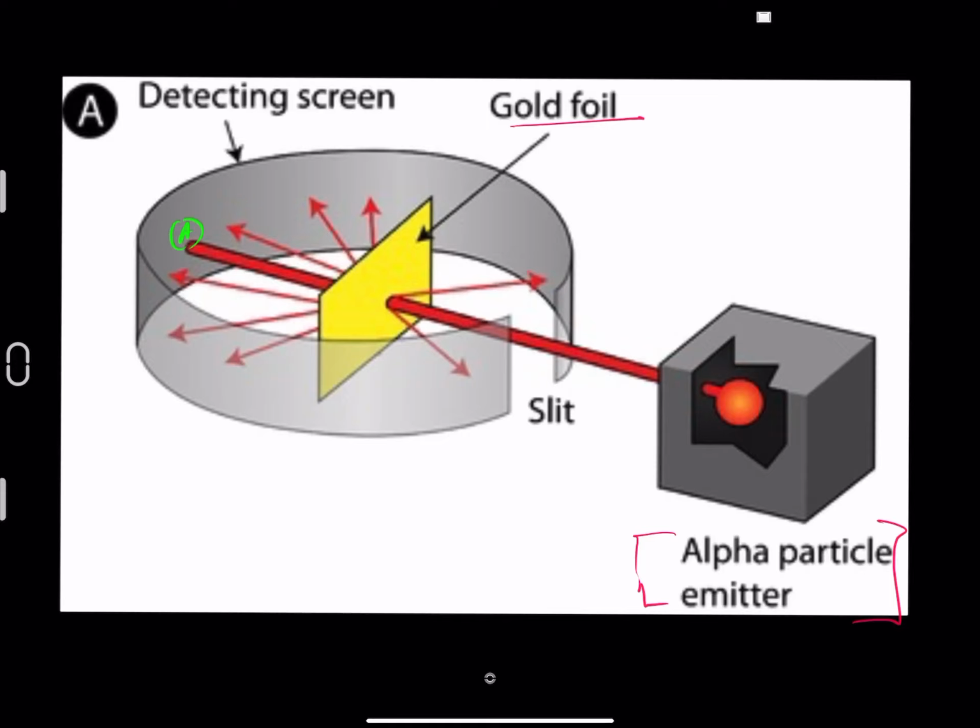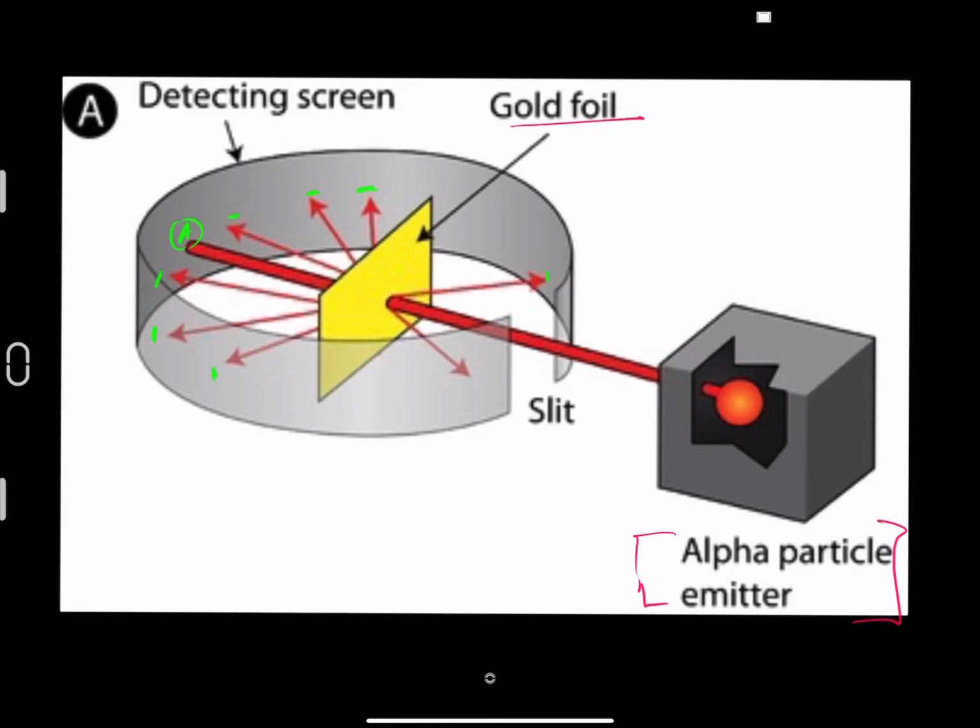However, in these regions you're starting to see that the alpha particle is bending. The trajectory is slightly curving, or it's not following a straight trajectory. It's not going straight through.